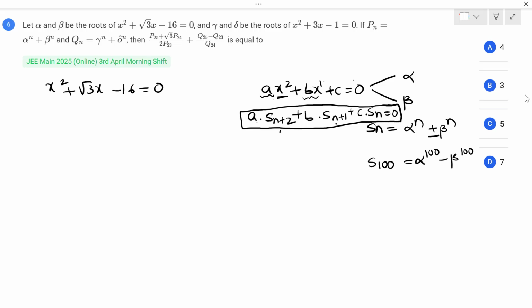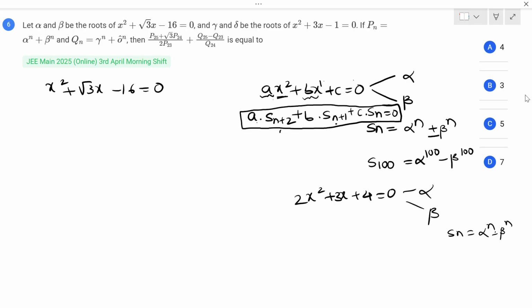Let me repeat again. Let us say I have an equation 2x square plus 3x plus 4 is equal to 0. This is the quadratic equation. These roots are alpha and beta. Let's say he is asking Sn, let us say he is giving as alpha power n plus beta power n.